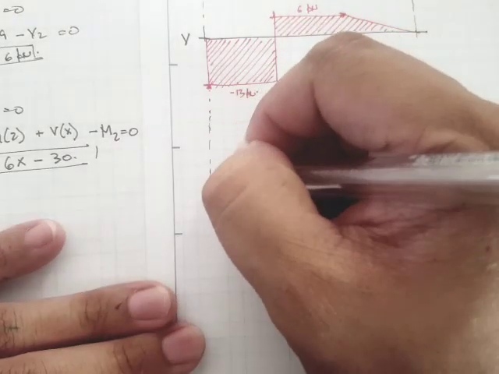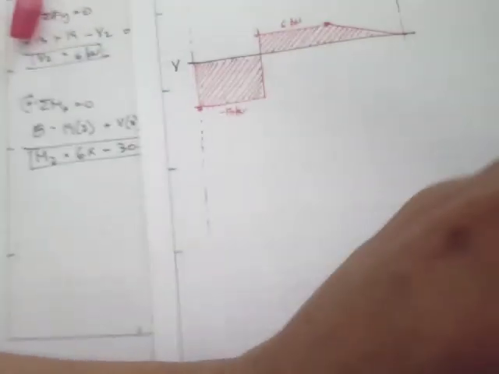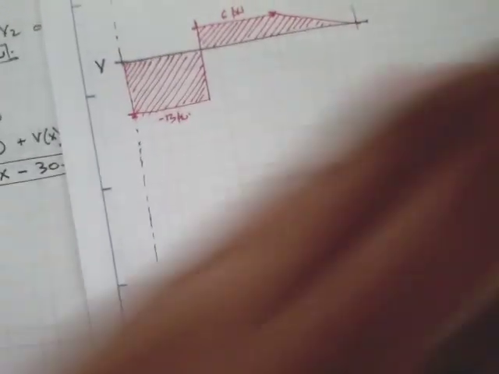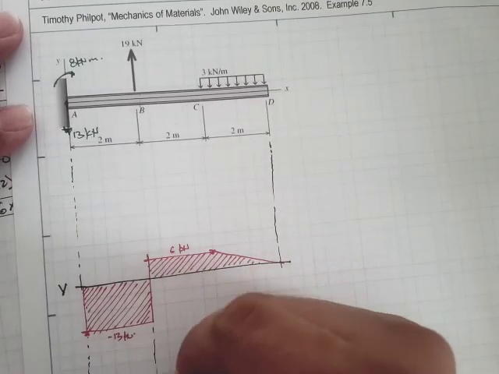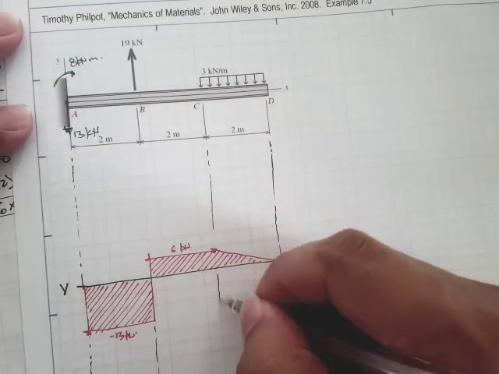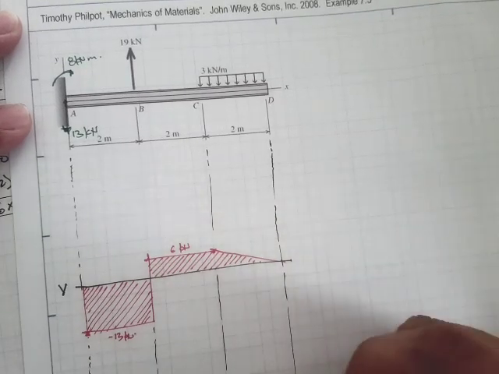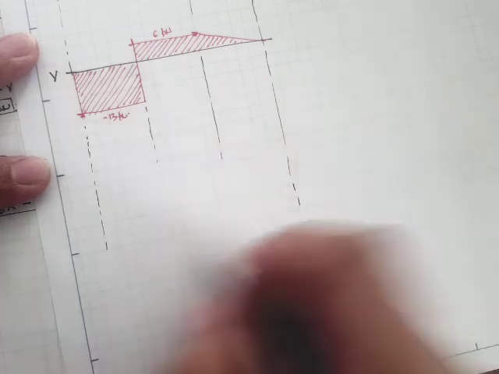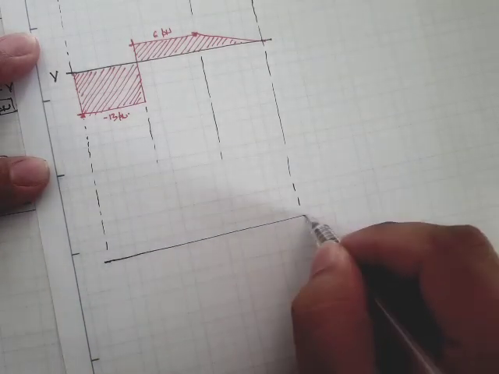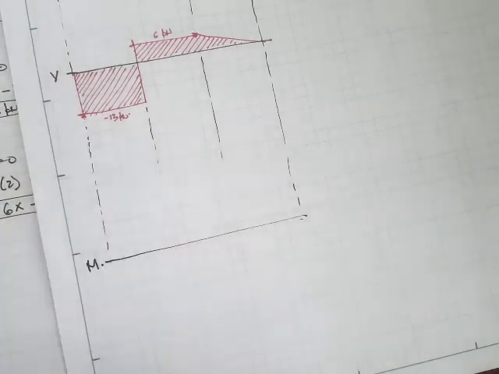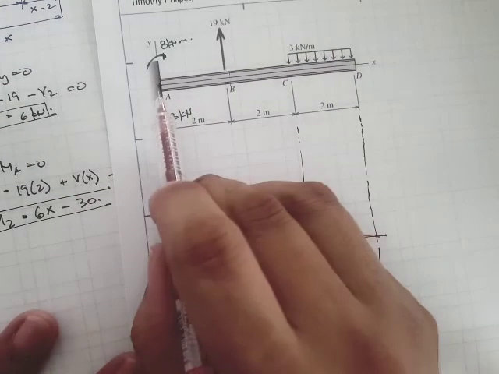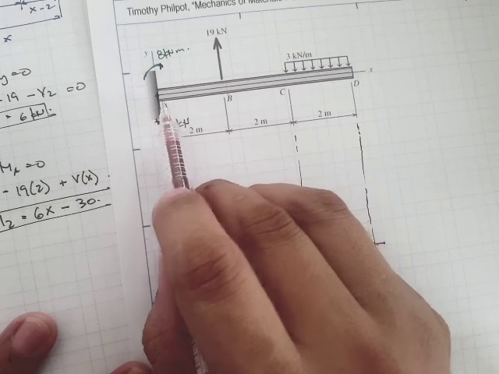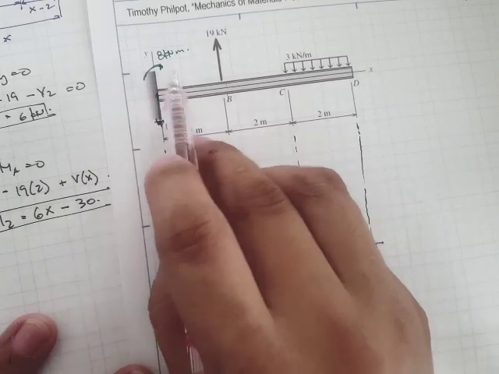So for the moment diagram, let's start at point A. At point A, we have a clockwise moment right here.